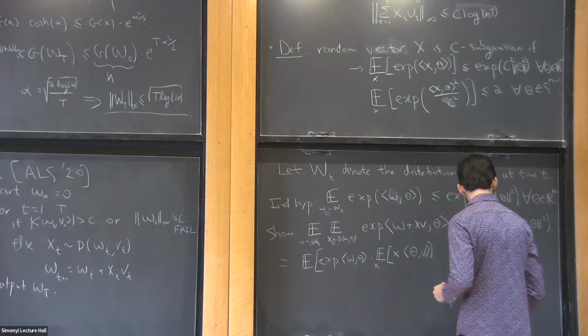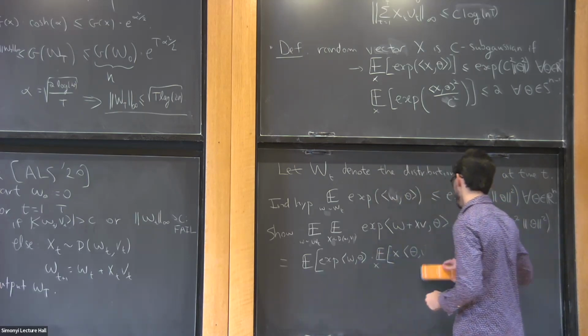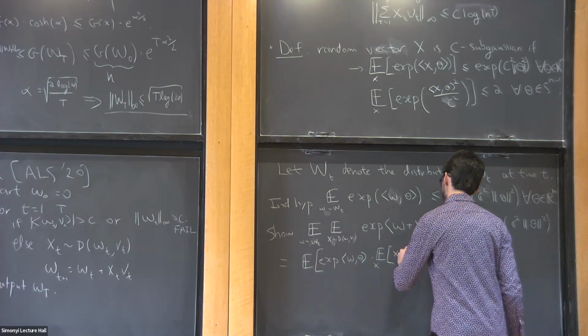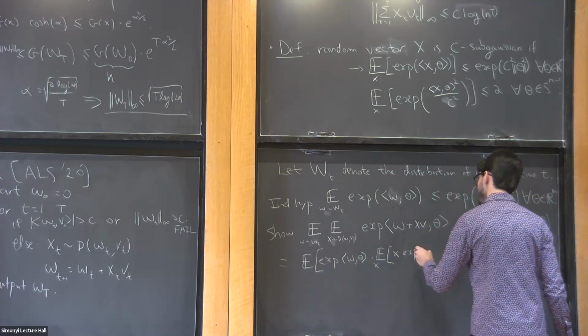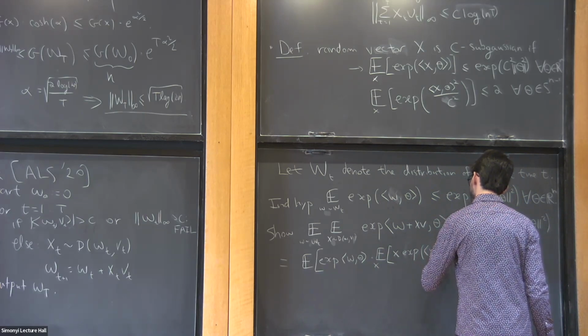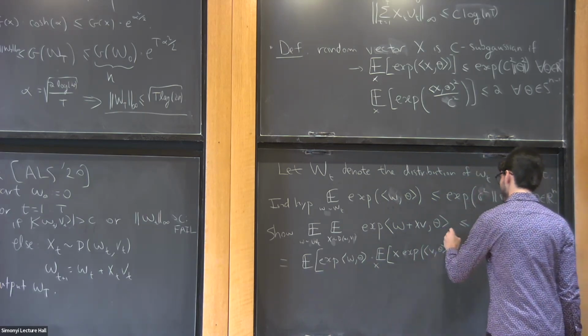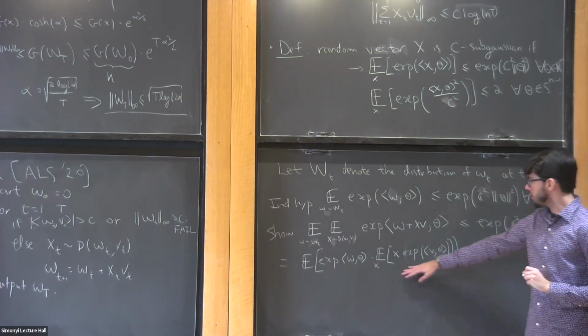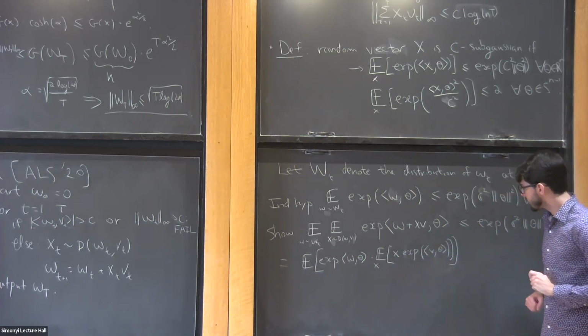There's an exponential here. Now I want to upper bound this thing in the middle.